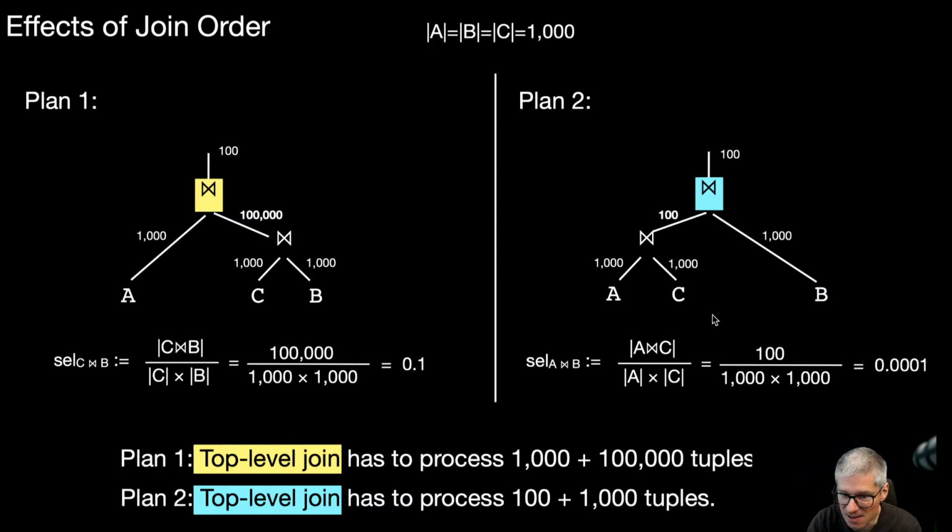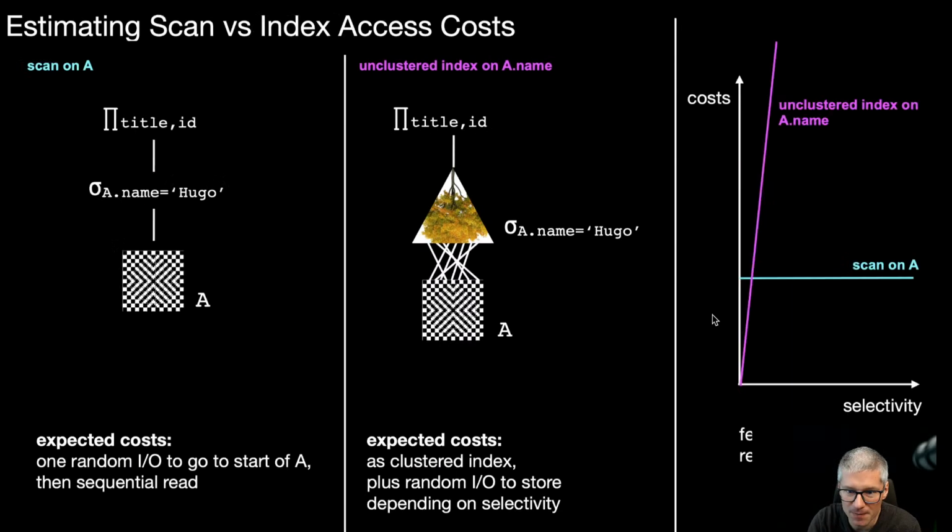So statistics, either on the selectivities of these joins, or as shown in this graph, how many tuples do I get when I apply a specific predicate? And that's a hard part. Collecting those statistics is very difficult, and there's still ongoing research work.